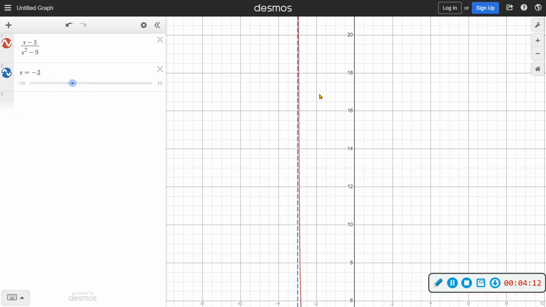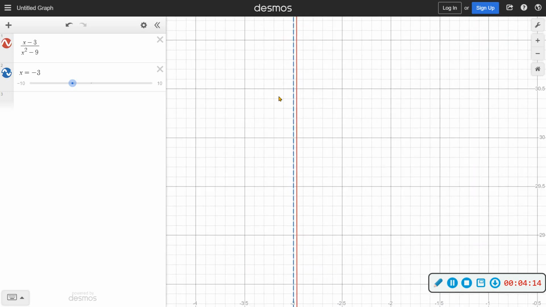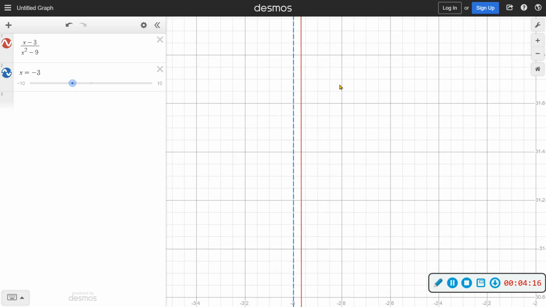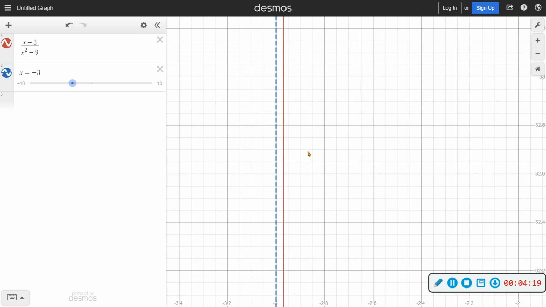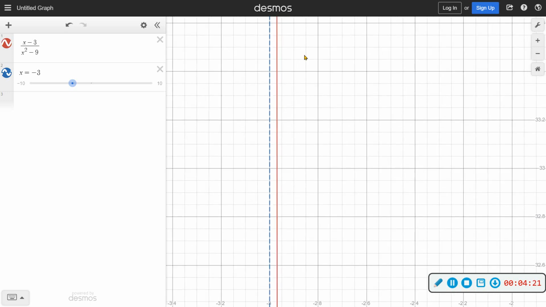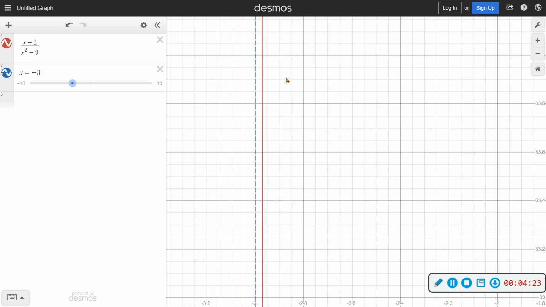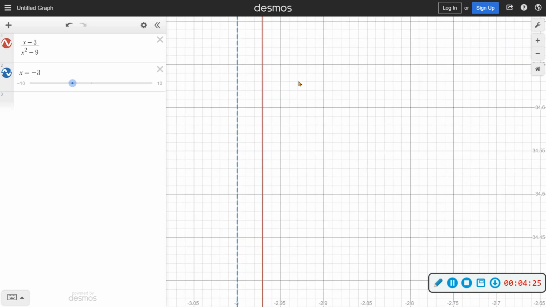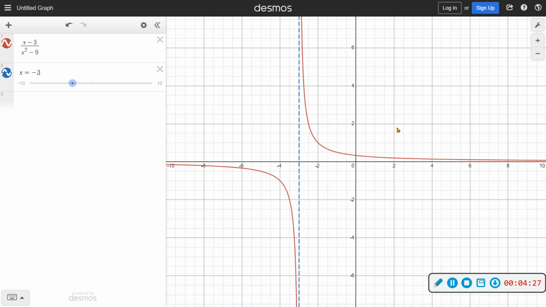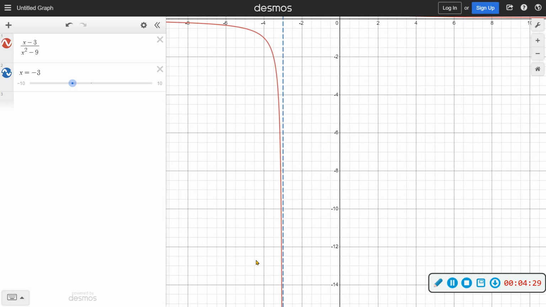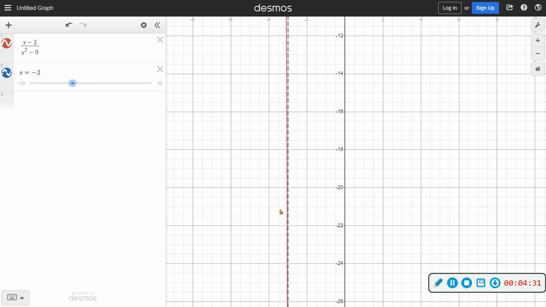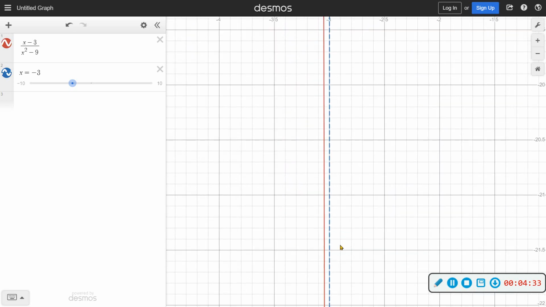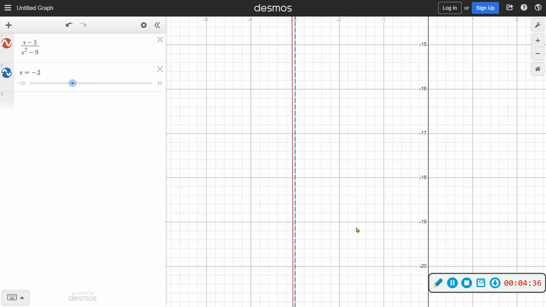But I can scroll up forever, and this red line will never touch the blue line, because the blue, the dashed one, is a vertical asymptote. It'll get closer and closer, but it'll never get there. Same thing here. I could scroll down forever, and the red will never touch the blue because the blue is a vertical asymptote.